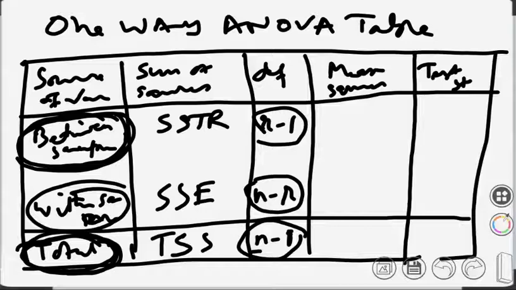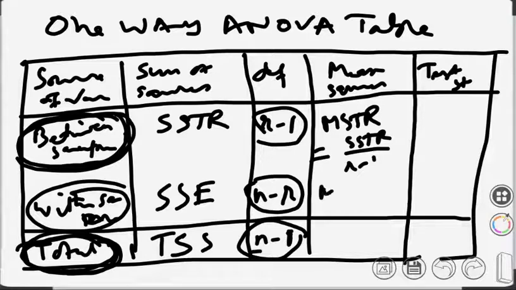Then mean squares is MSTR, mean sum of square, which is defined as SSTR by r minus 1, by degrees of freedom. And MSE is equal to SSE by n minus r.